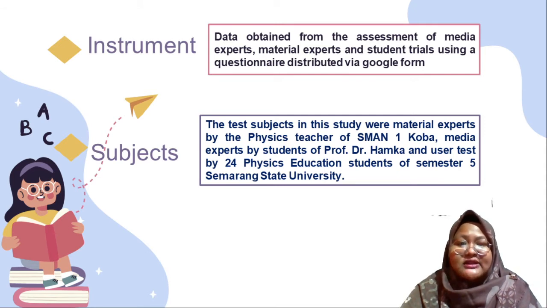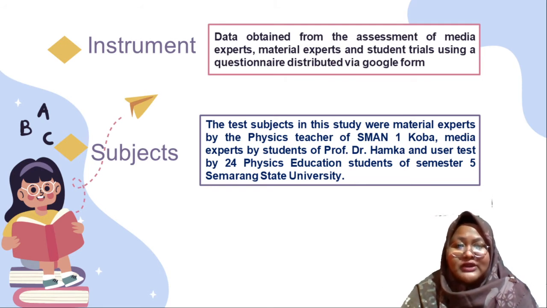This questionnaire is in the form of a checklist, which is divided into 5 categories, and given to the media expert to know the feasibility of the media being developed, and to the material expert to determine the suitability of the material content with the objectives and learning indicators, and then questionnaire responses from students regarding the learning process using the Powtoon-based learning animation video media. The reason I chose this questionnaire instrument is that the checklist form is very easy to fill in and is effective in terms of time.